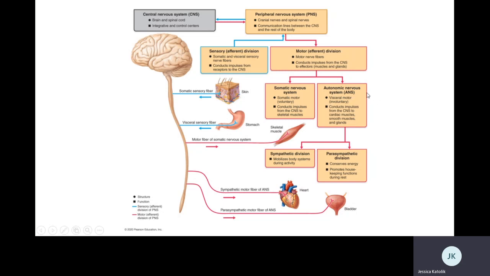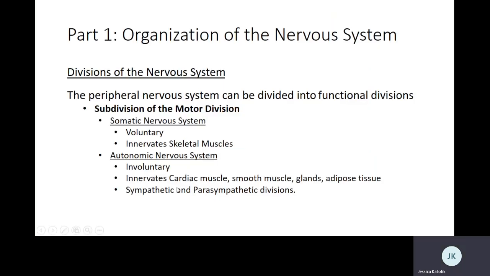And autonomic, which is going to be involuntary, and it's going to do things like speed up or slow down our heart rate, and allow us to salivate when there's a tasty cupcake or something. These are all mediated by the autonomic nervous system. Just so you know, the autonomic nervous system can be further subdivided into sympathetic and parasympathetic divisions.